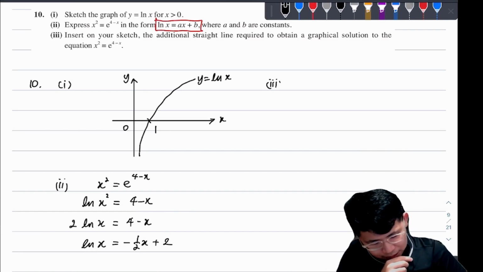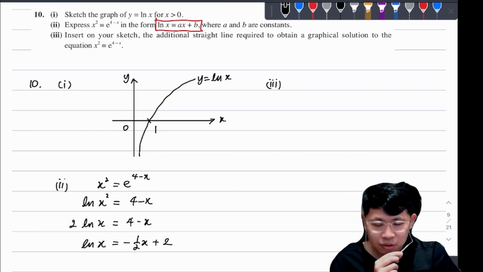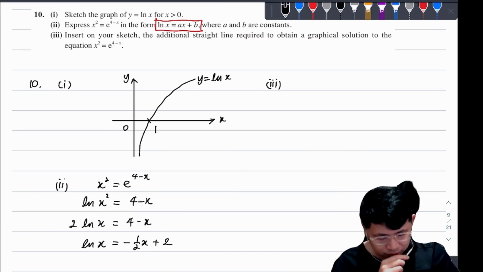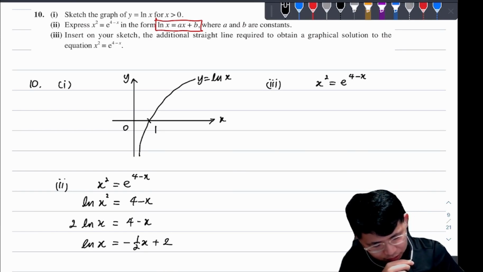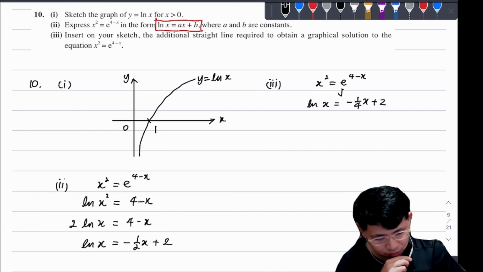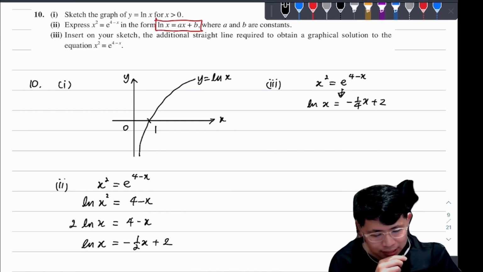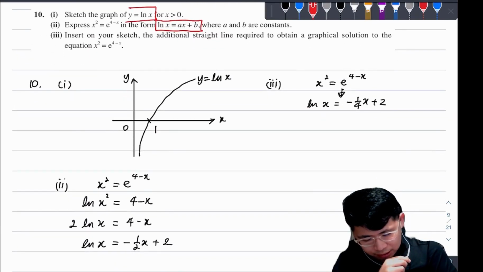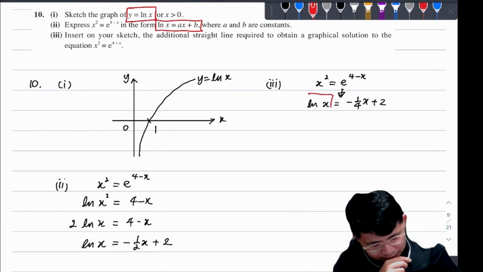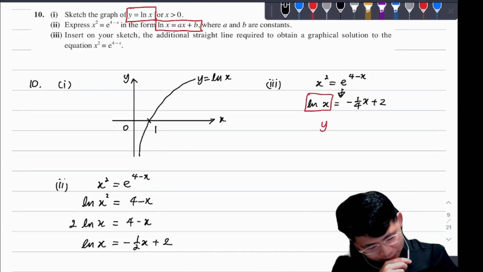Okay, part 3: sketch the additional straight line required to obtain a graphical solution. From here we have transformed into this form. What is ln x? We've already drawn y equals ln x. So this now becomes our y. So we need to draw this graph.